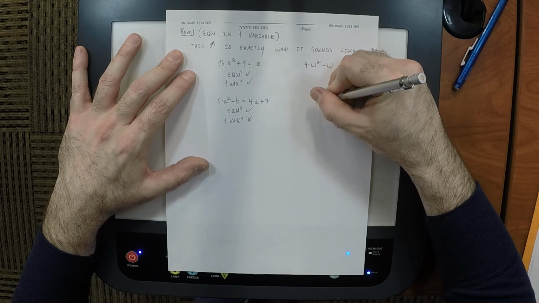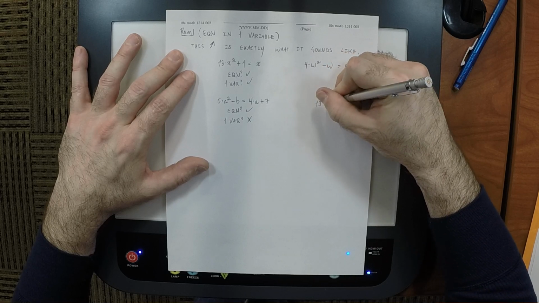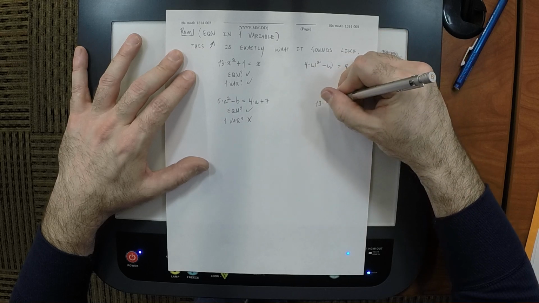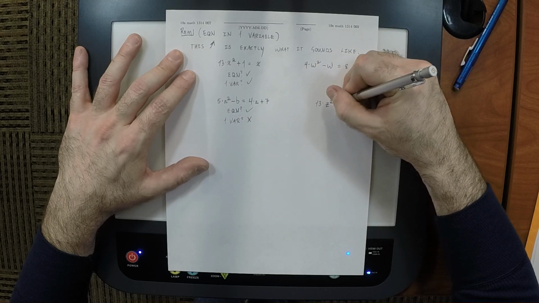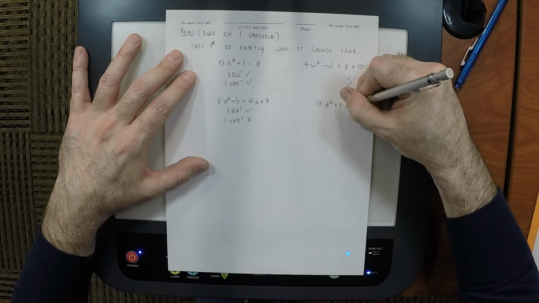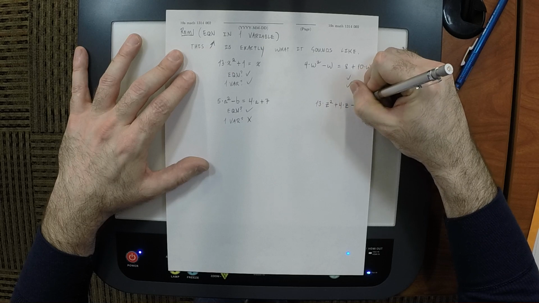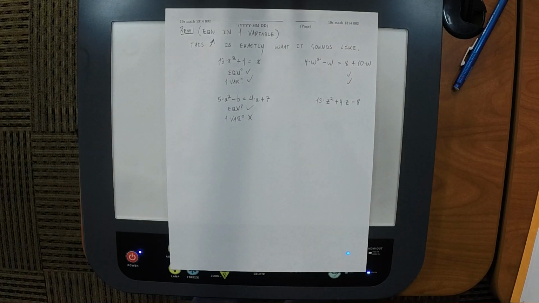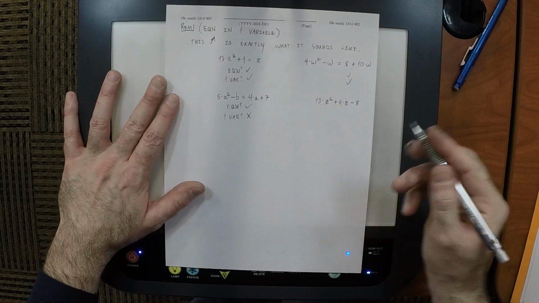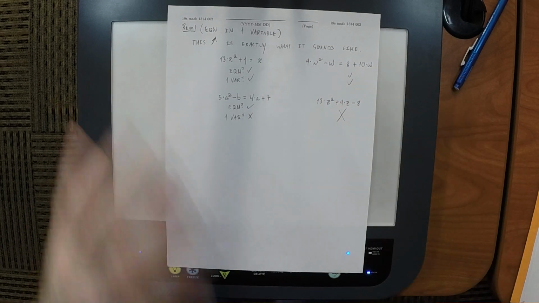How about 13z squared plus 4z minus 8. Is that an equation in one variable? I only see one variable. Yeah, it's not an equation, right? So there's one variable, but it's not an equation.